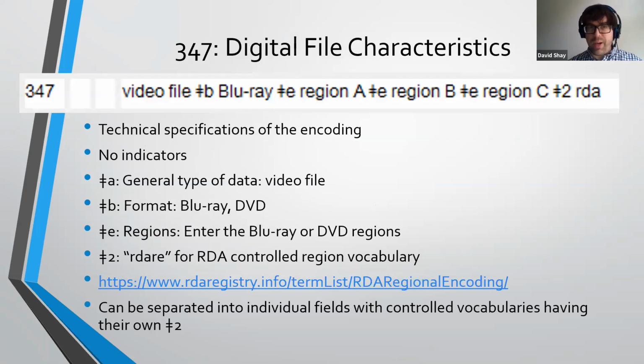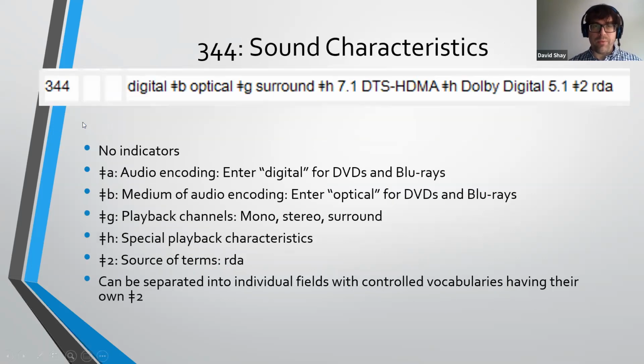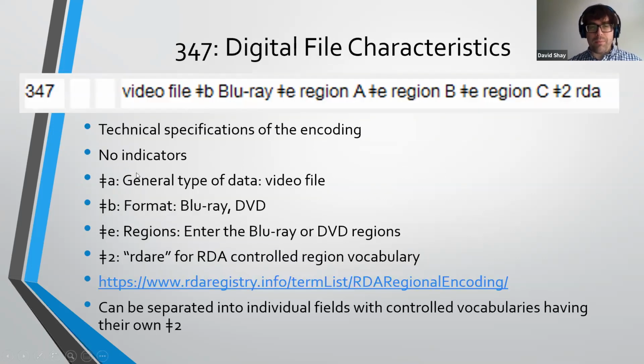Another something like that is field 347 digital file characteristics. Like the 344, OCLC would want you to separate a lot of these into individual fields. So an individual 347 for each region, because there are some separate vocabularies that can be used in separate controlled terms. We have no indicators, and this is technical specifications of the encoding of your video.